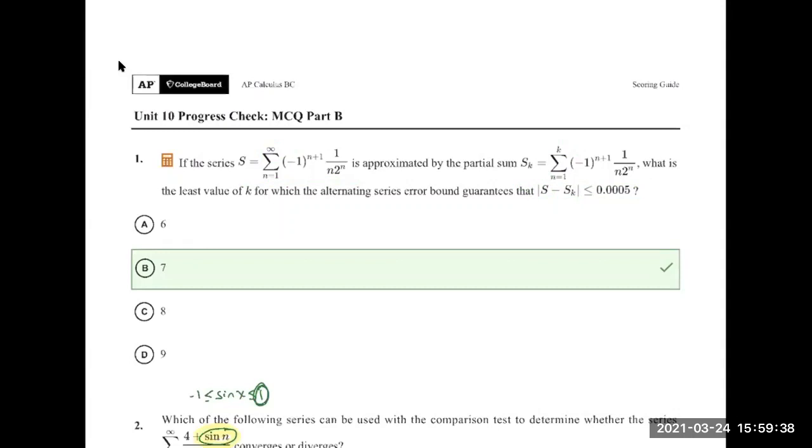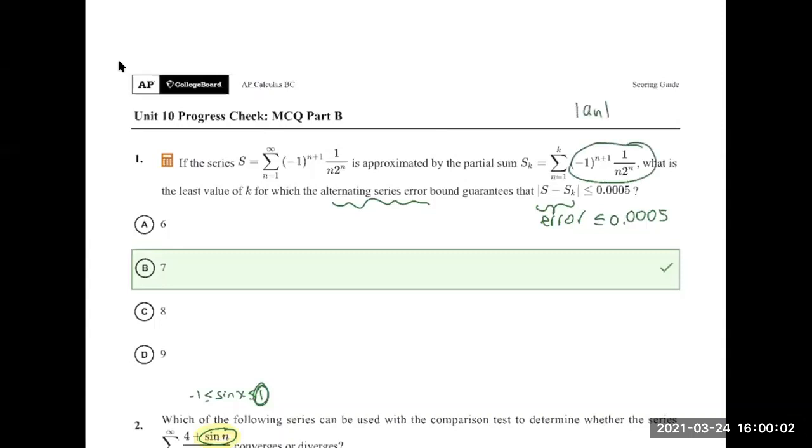In other words, this is another way of saying error, which is less than or equal to 0.005. And notice that it does say use the alternating series error bound. So it's actually pretty simple, you guys. All you're doing is taking the absolute value of the general term, because that's going to represent your nth term. So the absolute value of a sub n.